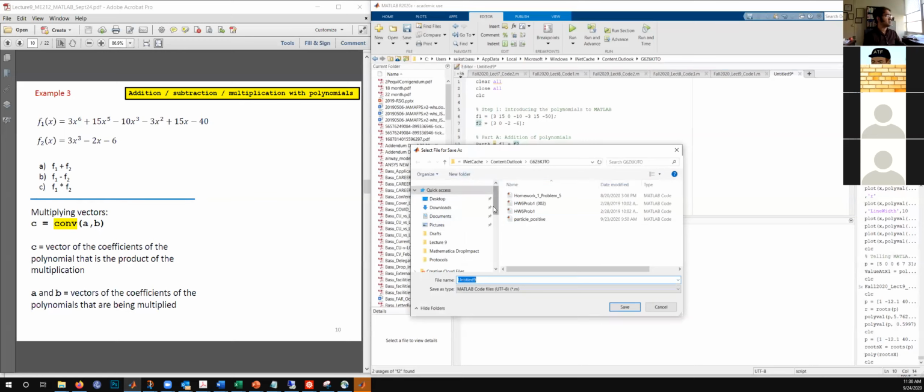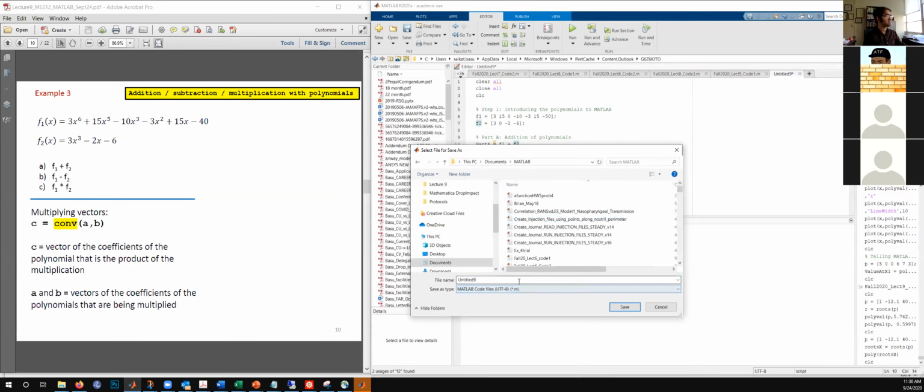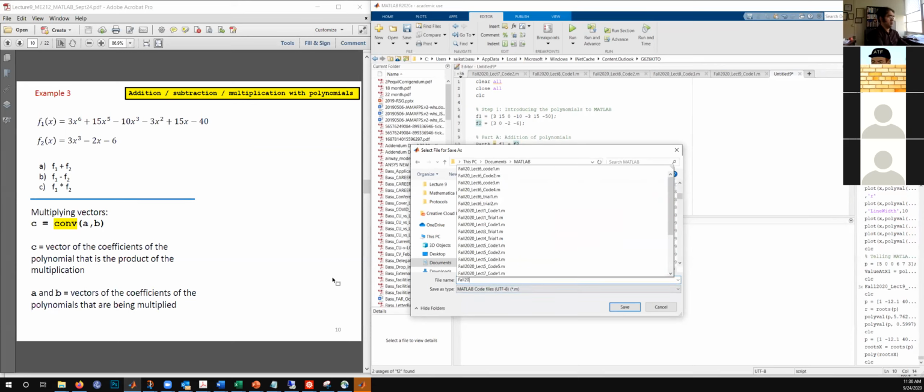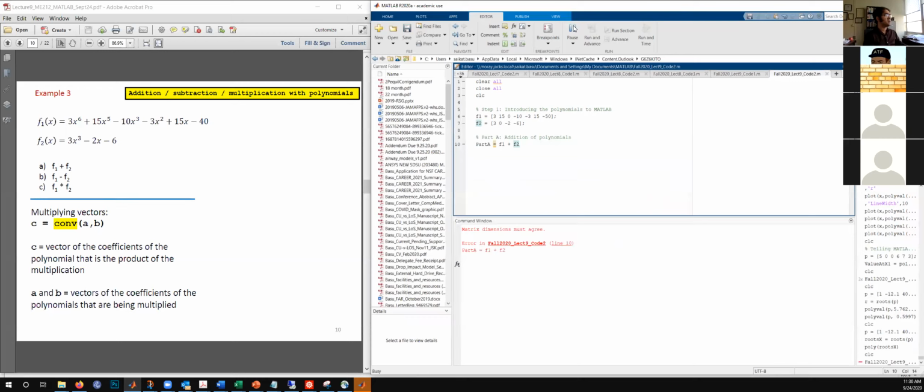Again, it goes back to fall 2020, lecture 9, code 2. Okay, so if I save this, we get an error. And why is that error?